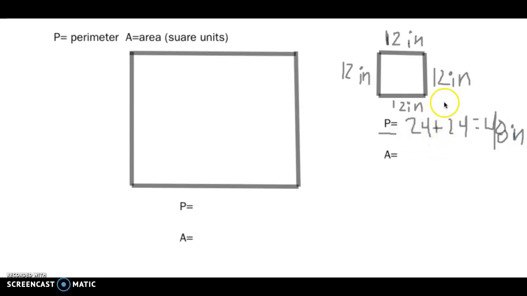Or I could go 12 times 4 because I have 4 sides that are 12. That would be 48. However you want, 12 plus 12 plus 12 plus 12. But our total perimeter, distance around in inches, was 48.